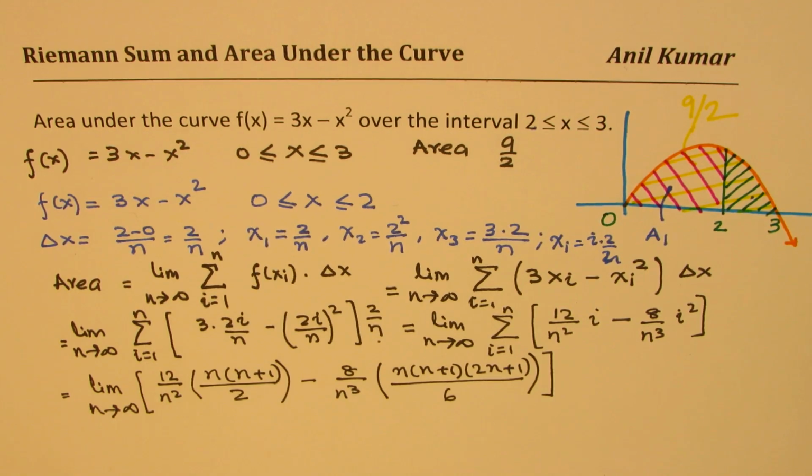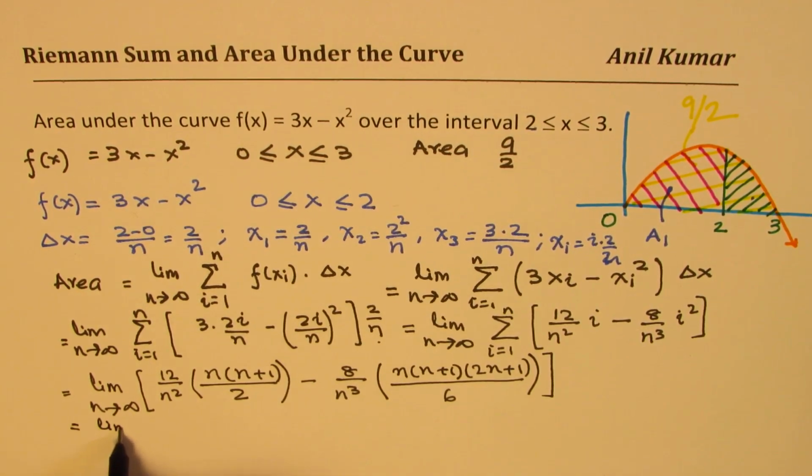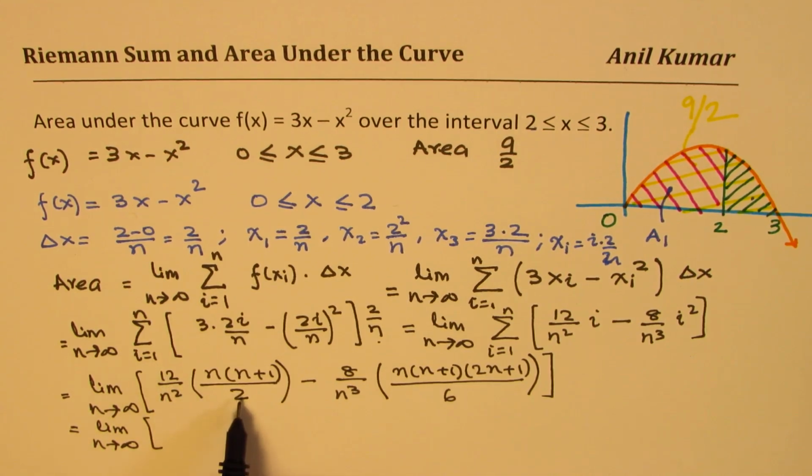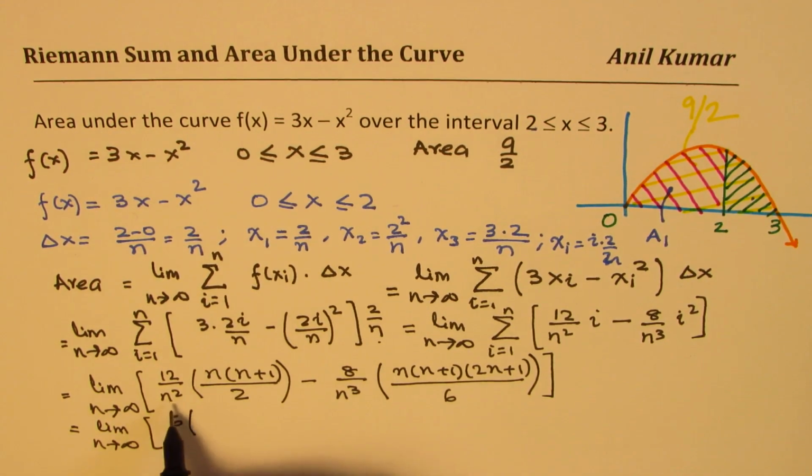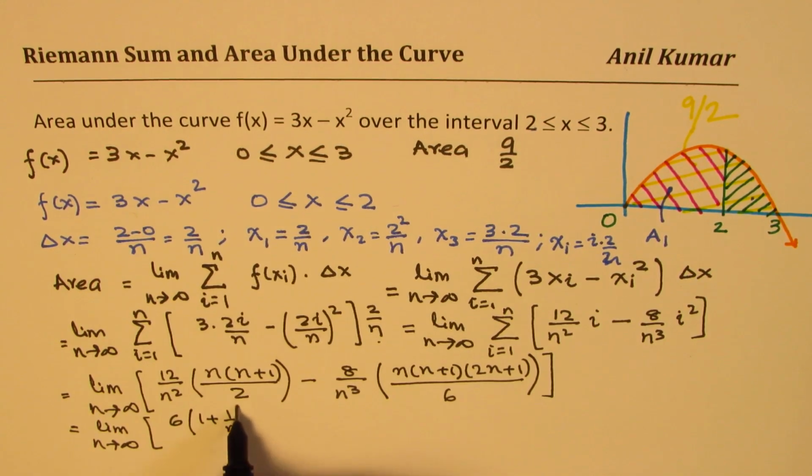Now we can actually simplify this and get the result. So we could write this as limit n approaches infinitely large value. So when you do 12 by 2 is 6, and divide with n square, this is n square plus n, we get 1 plus 1 over n here. Is that clear? Just as we did last time.